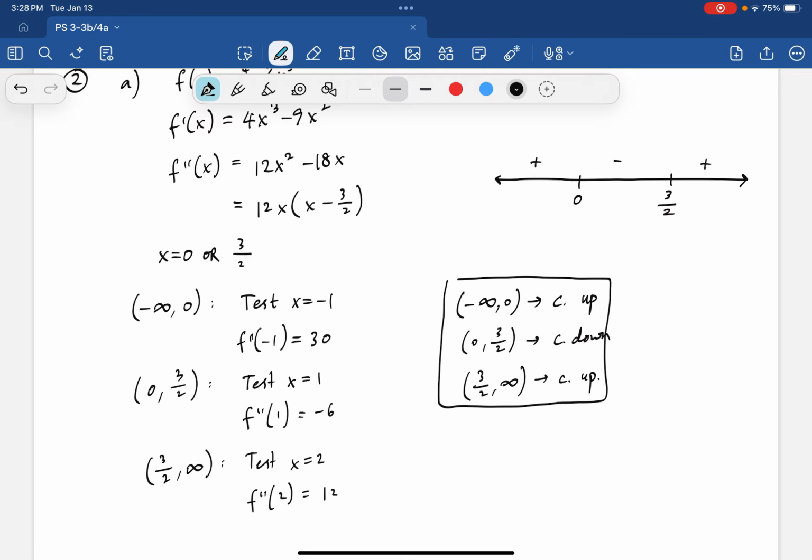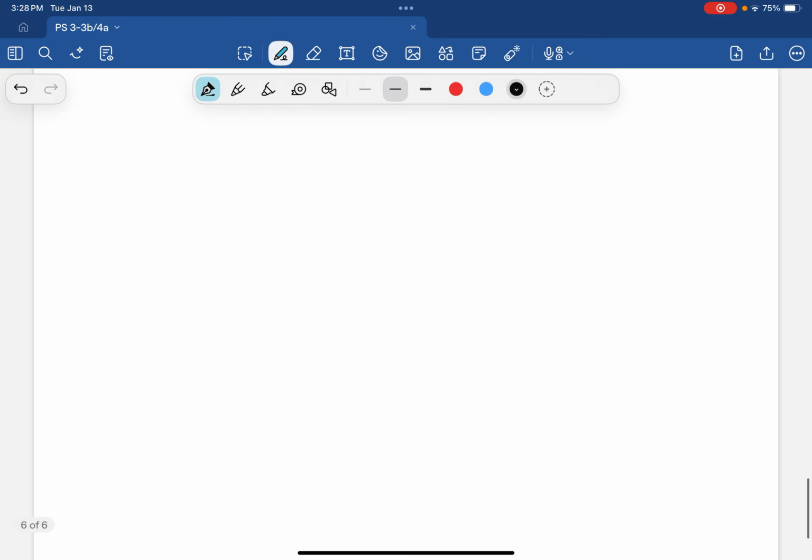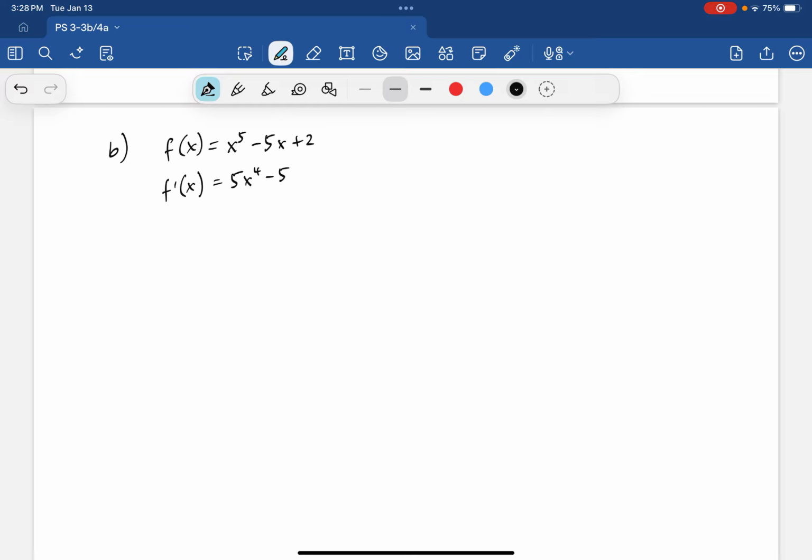Part b. First derivative. And then second derivative.